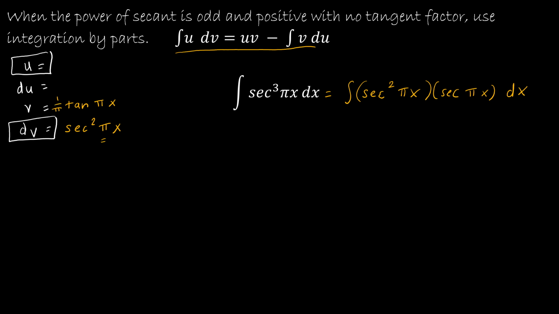Now if I use secant squared pi x to be dv, then secant of pi x is going to be u, and then the derivative of u is, sorry, not secant. Oh, please erase. The derivative of u is going to be secant pi x tangent pi x, and then again this one would be times pi using the chain rule.